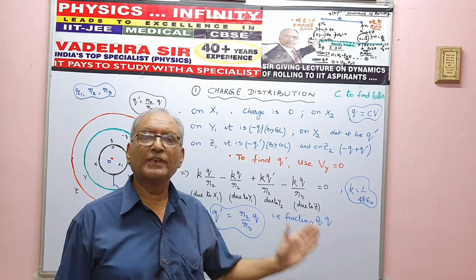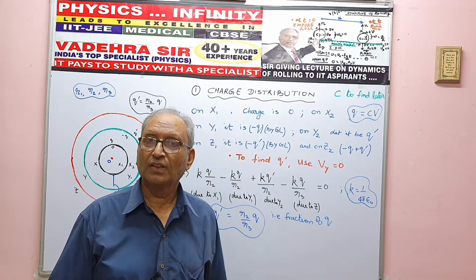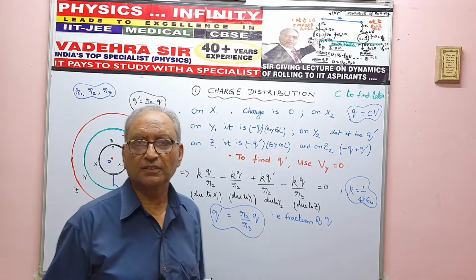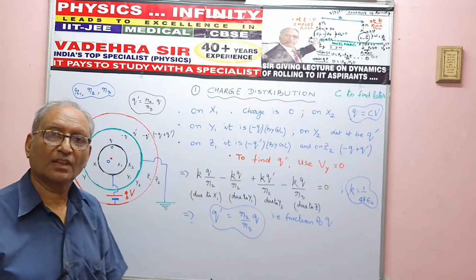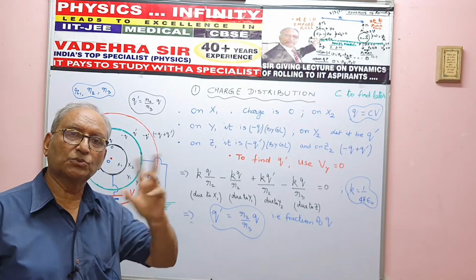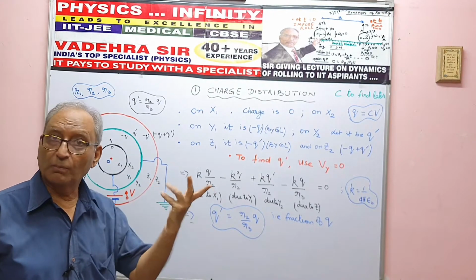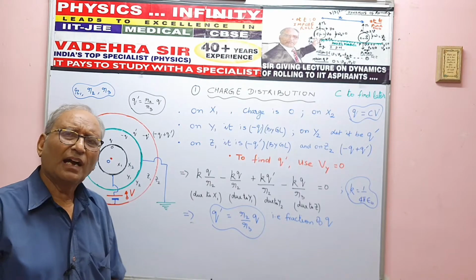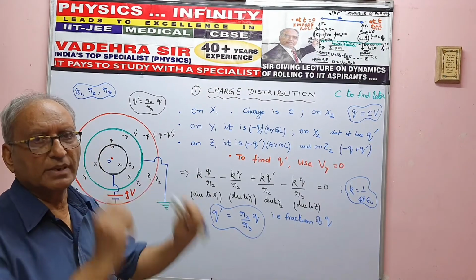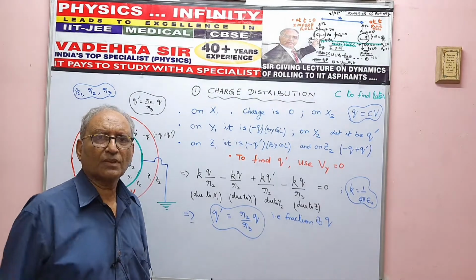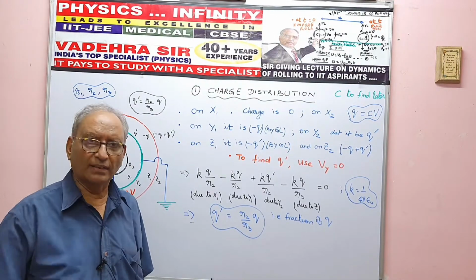In this particular video lecture, we are going to have a very interesting situation of three concentric spheres, hollow metal spheres of radii R1, R2, R3. I can have numerous problems based upon this situation, but I will take one very typical one.